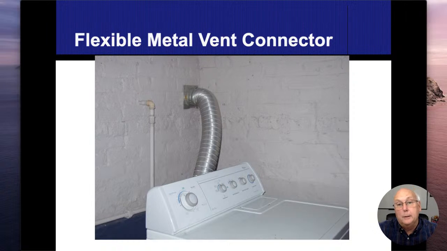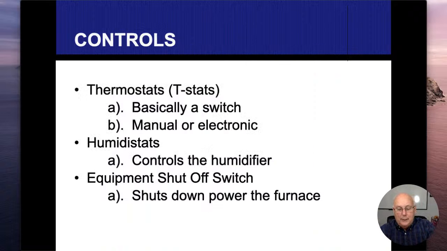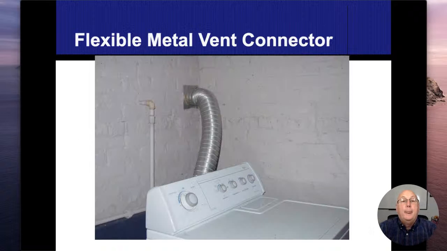Most dryer manufacturers call for these hard metal ones, and I've heard a lot of home inspectors are kind of adamant about it. They want these hard ones to be there. I've seen the foil type ones, and I don't believe I have a picture of it. I actually don't have a problem with those.